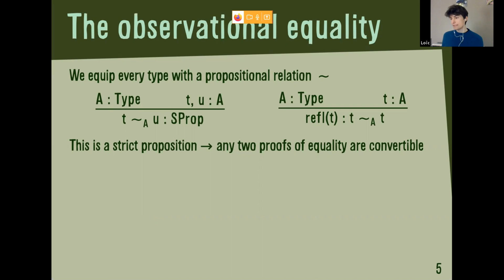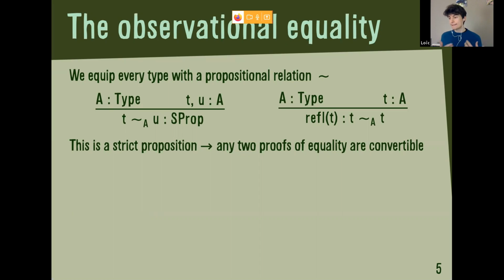SProp here means that this is a strict proposition, or in other words, that any two witnesses of observational equality are not only equal, as they would be if it was only an h-proposition, but they are even convertible, so definitionally equal.